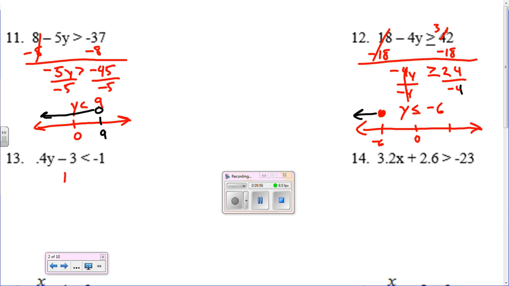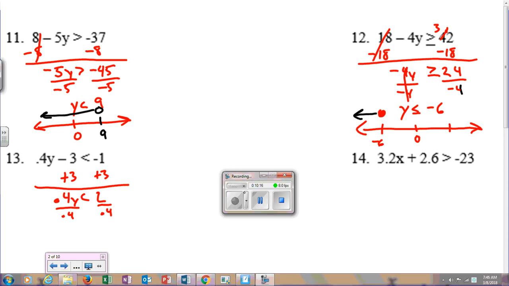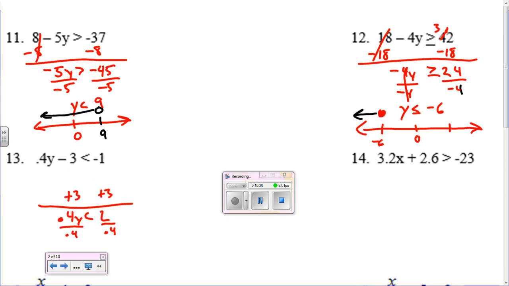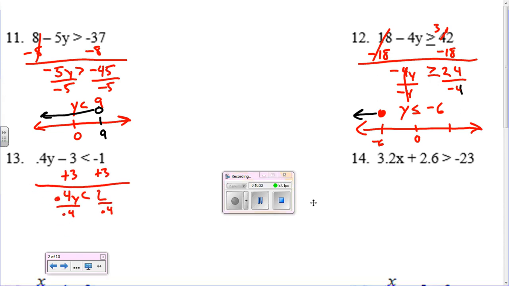Number 13, add 3 to both sides. Gives you 0.4y is less than 2. Now you divide by 0.4. So now we have 2 divided by 0.4.